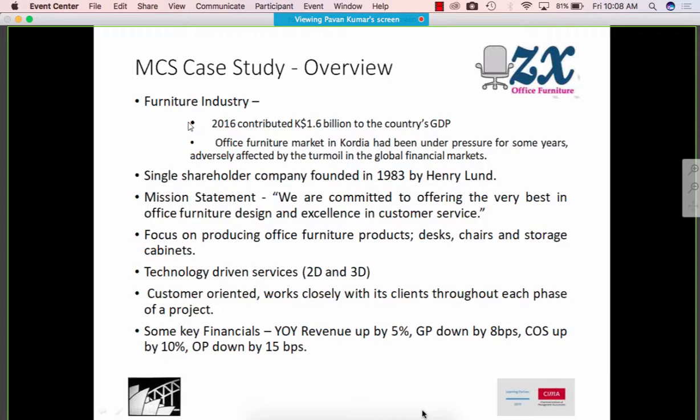This company is a single shareholder company founded by Mr. Henry Lund in 1983. The mission statement, which is very important, says that the company is committed to offering the very best in office furniture design and excellence in customer service.